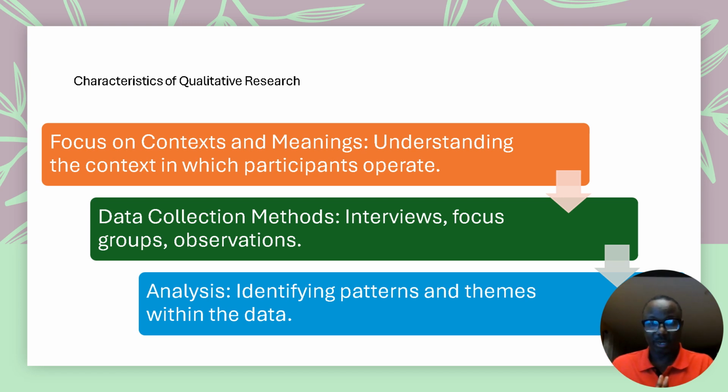With qualitative research, once you conduct your interviews and get your audio files, you transcribe the files, and then you upload them to a data analysis software like NVivo, MAXQDA, or Dedoose.